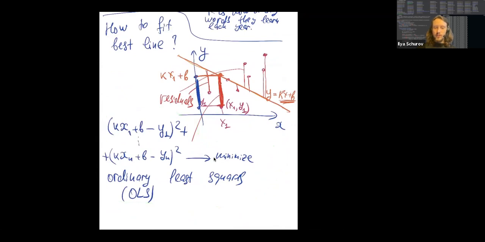I just said that when we find this best fitted line, we try to minimize these squares of residuals. So they are important not just by themselves, but as a tool that allows us to find the best fitted line. There are some questions that can be answered about the residuals, and we will probably discuss them a bit later.